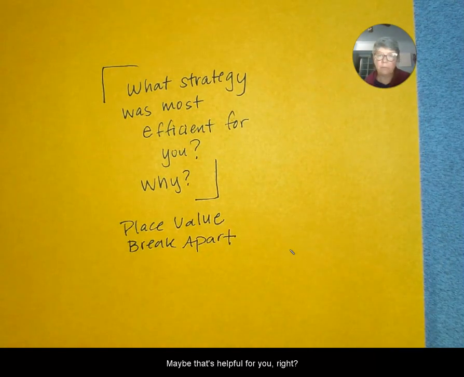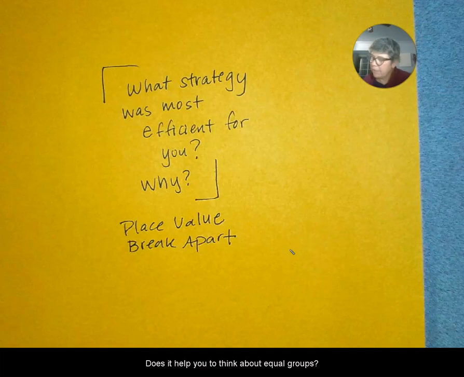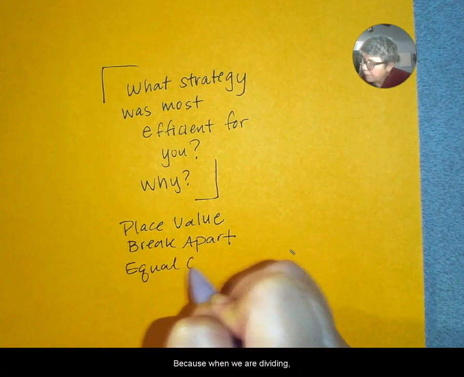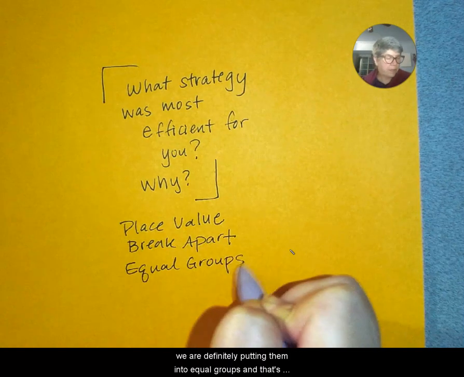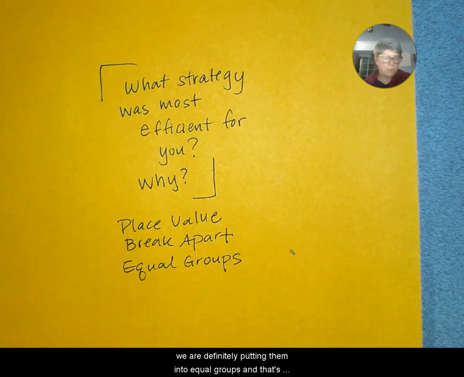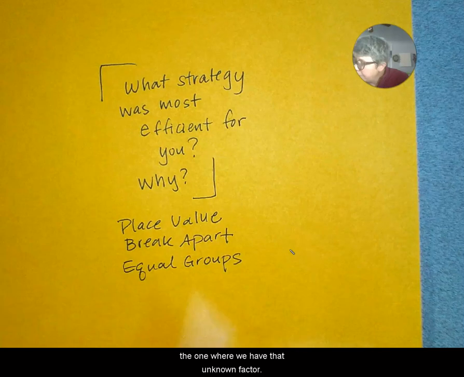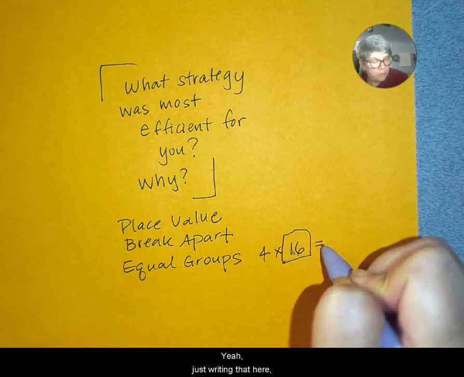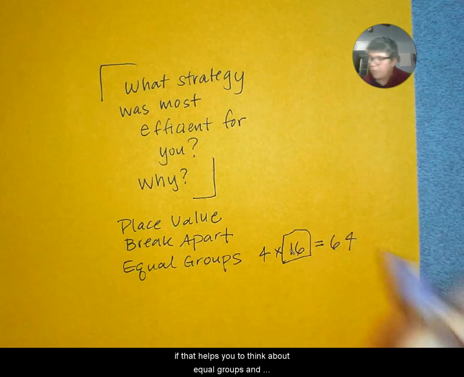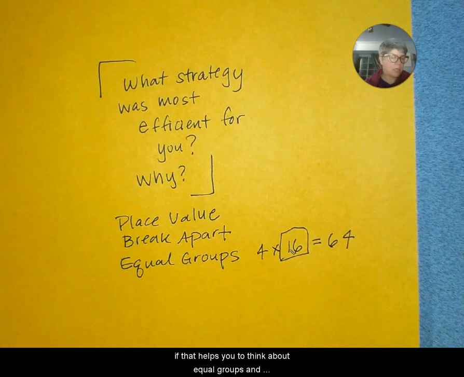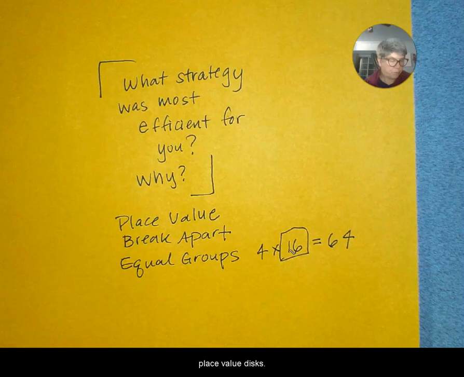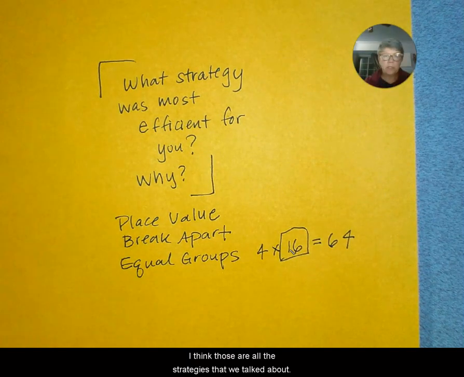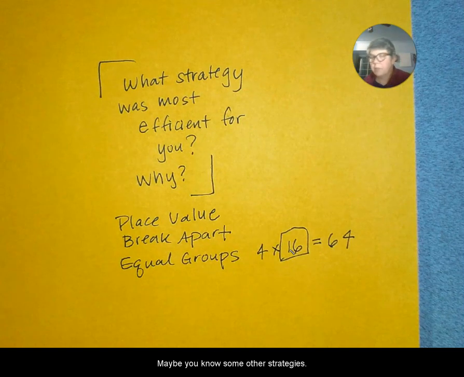Maybe that's helpful for you, right? Does it help you to think about equal groups? Because when we are dividing, we are definitely putting them into equal groups. And that's the one where we have that unknown factor. Yeah? Just writing that here, if that helps you to think about equal groups. And place value discs. I think those are all the strategies that we talked about. Maybe you know some other strategies.